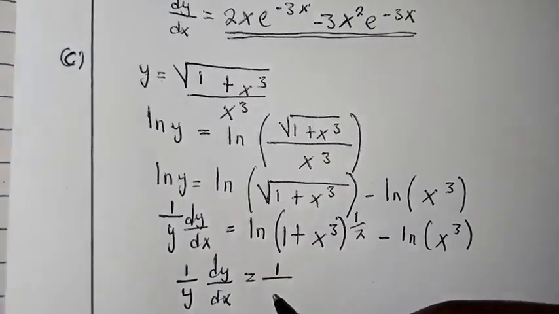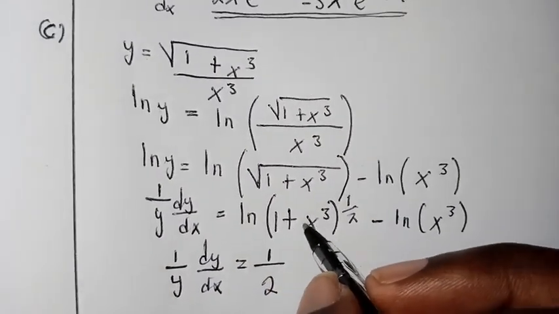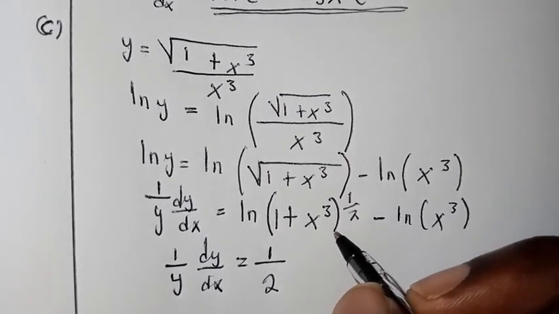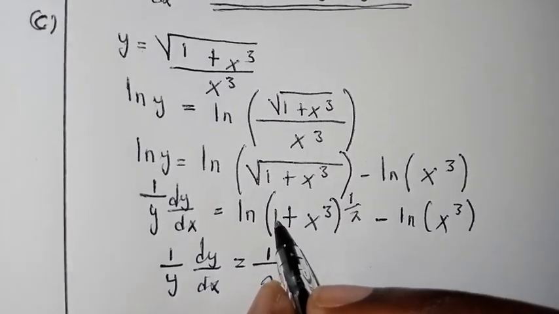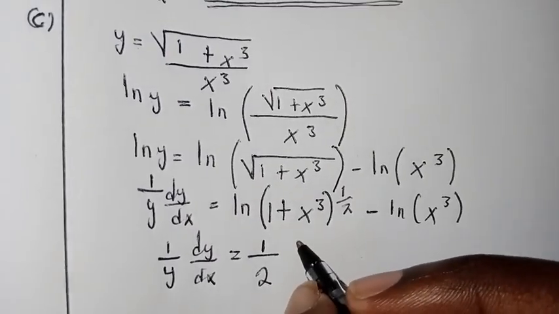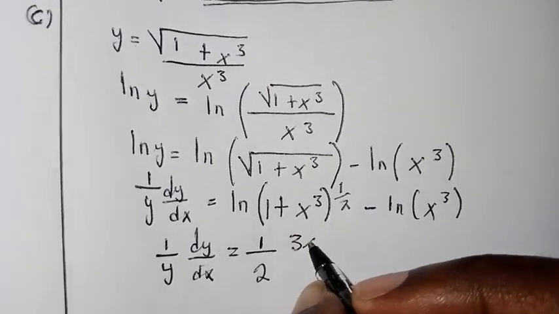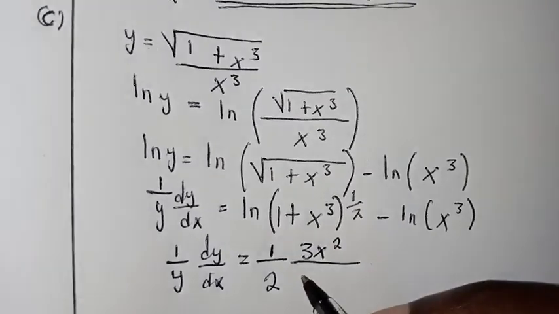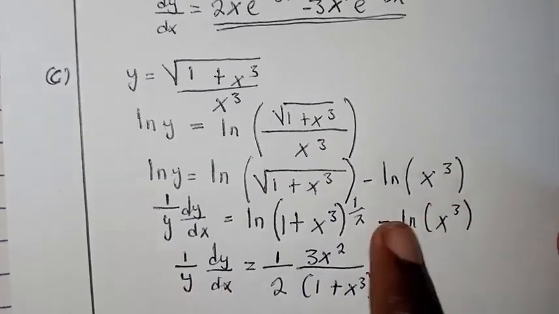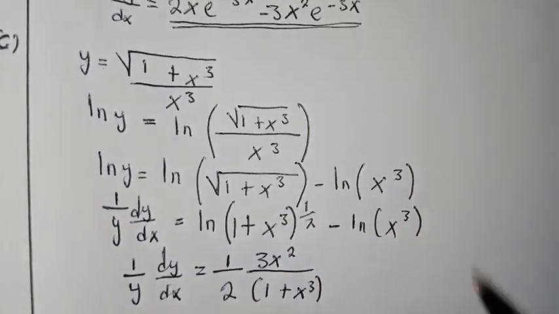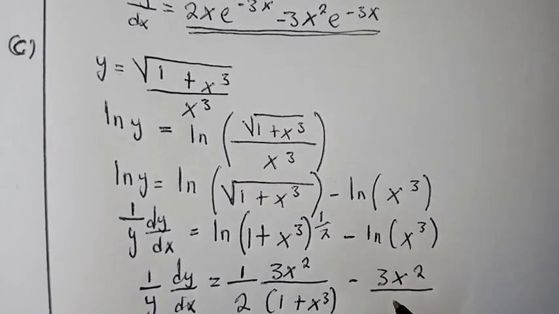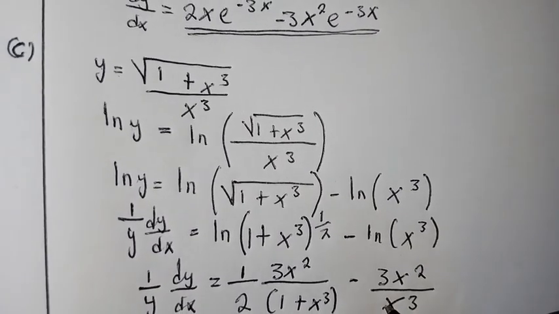Then what is dy/dx of ln of everything? dy/dx of ln of an algebraic expression is simply the dy/dx of that expression over the original expression. So it is 3x to the power 2 over 1 plus x to the power 3, minus 3x to the power 2 over x to the power 3.